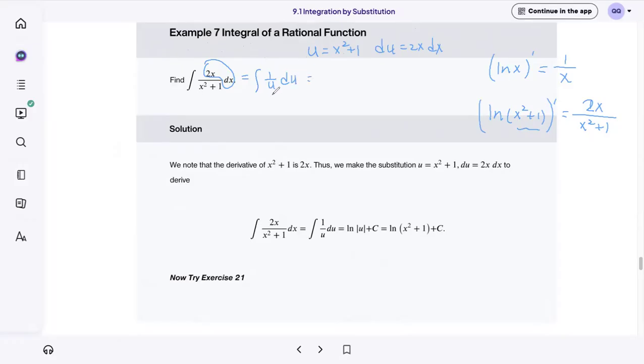Remember, the 1 over x comes from the derivative of ln x. So if we do anti-differentiation, that's ln of u plus c. Well, u equals x squared plus 1, so that's ln of x squared plus 1 plus c. x squared is non-negative, so x squared plus 1 is at least 1. So we do not need to put an absolute value sign there.